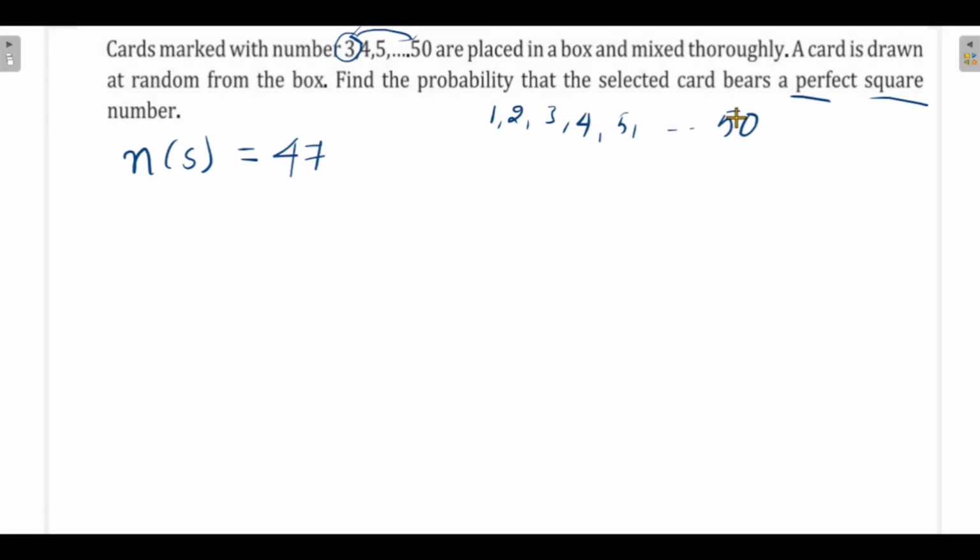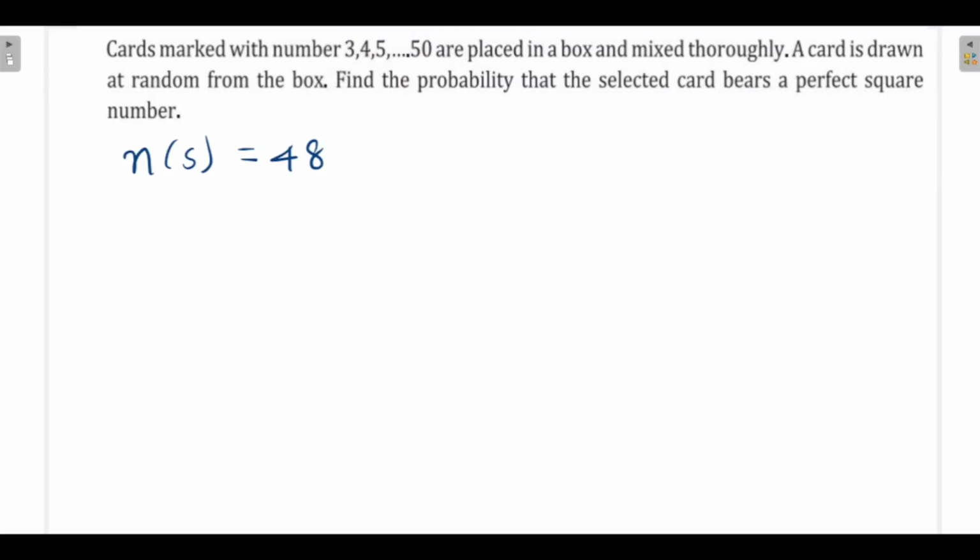We have to start counting from 3 to 50. That means it is simple. Subtract 2 from 50, you will get 48. Here our total number of outcomes becomes 48. Now the first step is over.